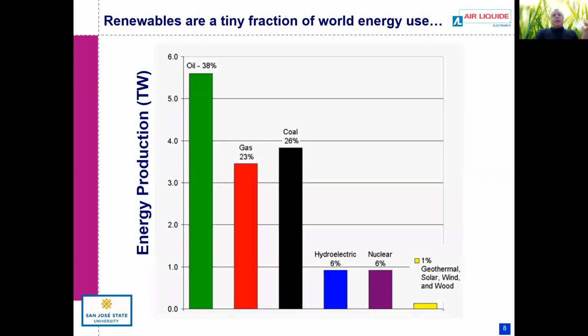So right now, this was probably 2015 data, and you can see that oil has come down, gas has come up, coal has come down, but they're still the major parts. And hydro and nuclear are there, and then all the renewables together, they're probably closer to 2% now, but still they're not a major part of the energy equation. But they're growing very quickly.